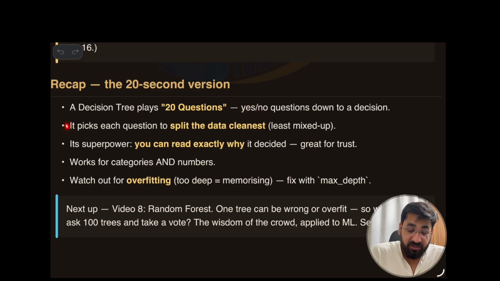It picks each question, splits the data into the cleanest form, and its superpower is that you can read exactly why it decided. The accountability, you can read the whole tree. And it works on both categories, like yes or no, and on numbers as well. And we discussed what underfitting and overfitting are.